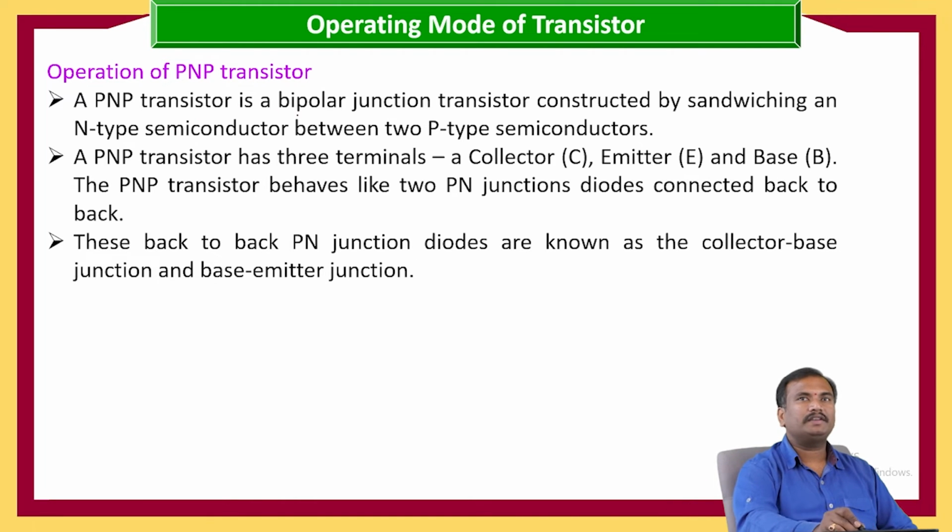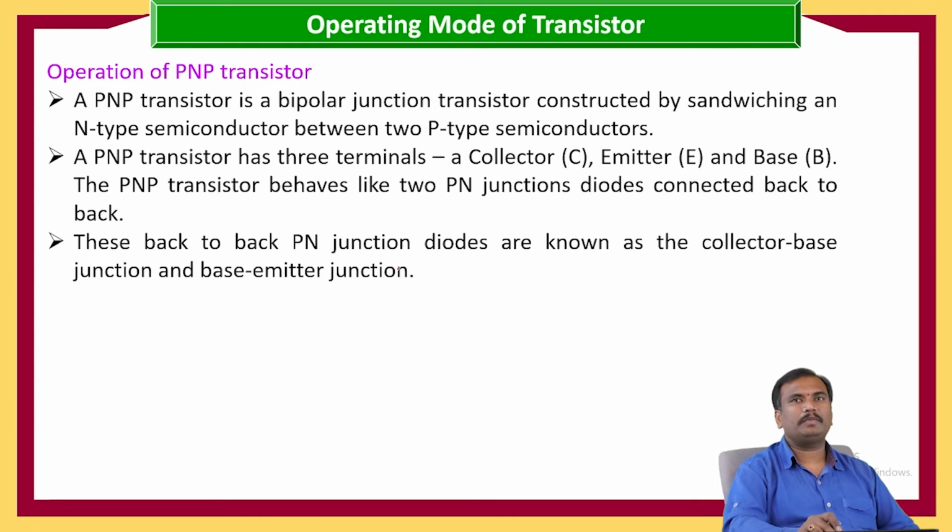A PNP transistor is a bipolar junction transistor constructed by sandwiching an n-type semiconductor between two p-type semiconductors. A PNP transistor has three terminals: collector, emitter, and base. The PNP transistor behaves like two PN junction diodes connected back to back.